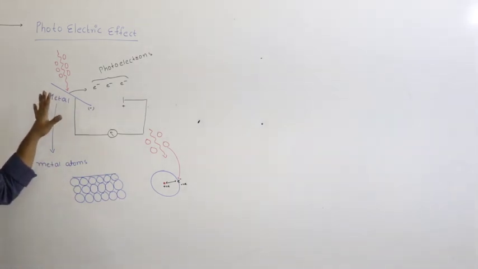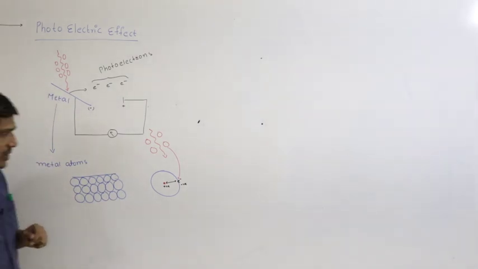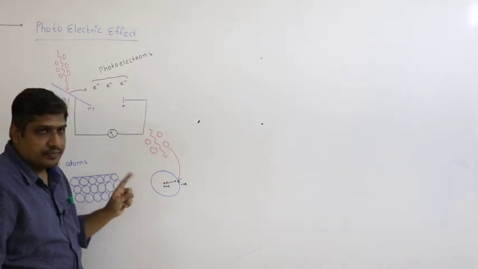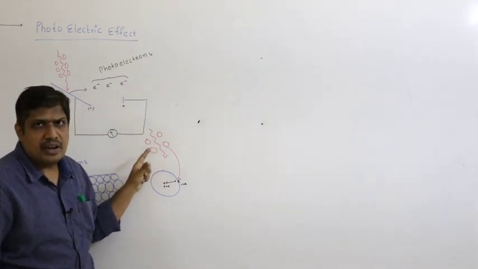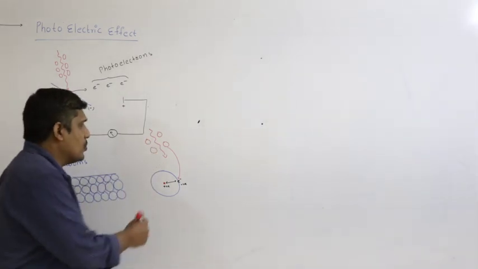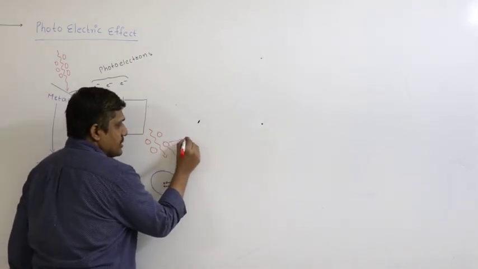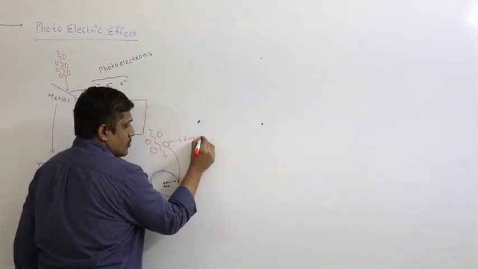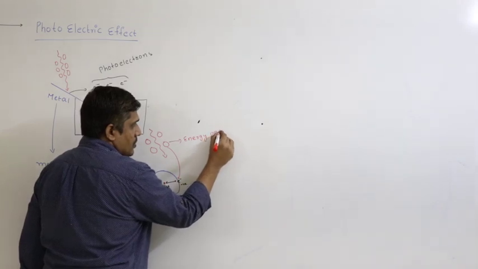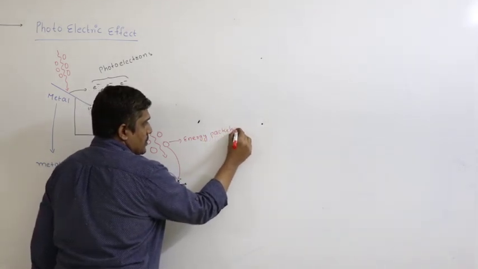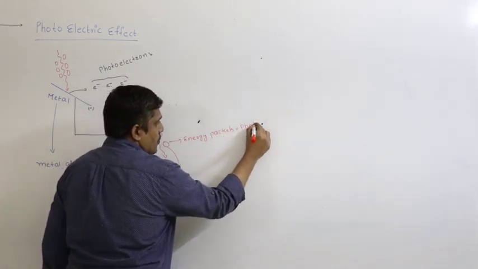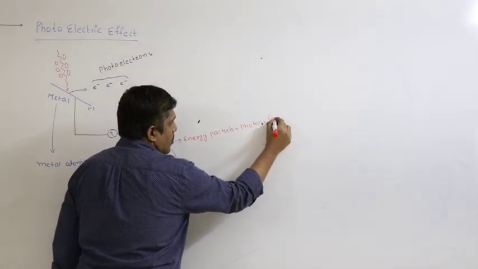But here we are taking solid metal. Once again, when light falls, light is emitted in the form of small energy packets, which we call photons, or quanta. So these are energy packets.